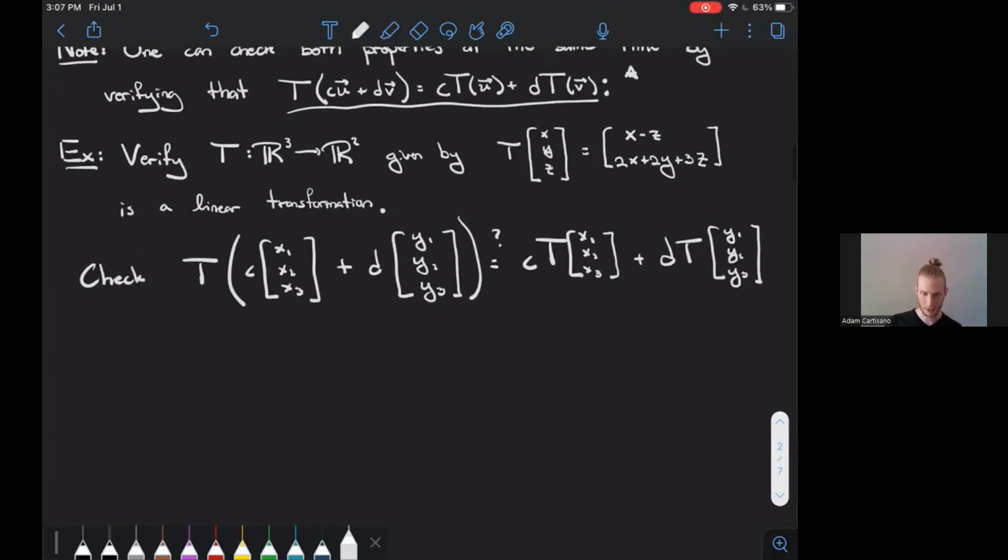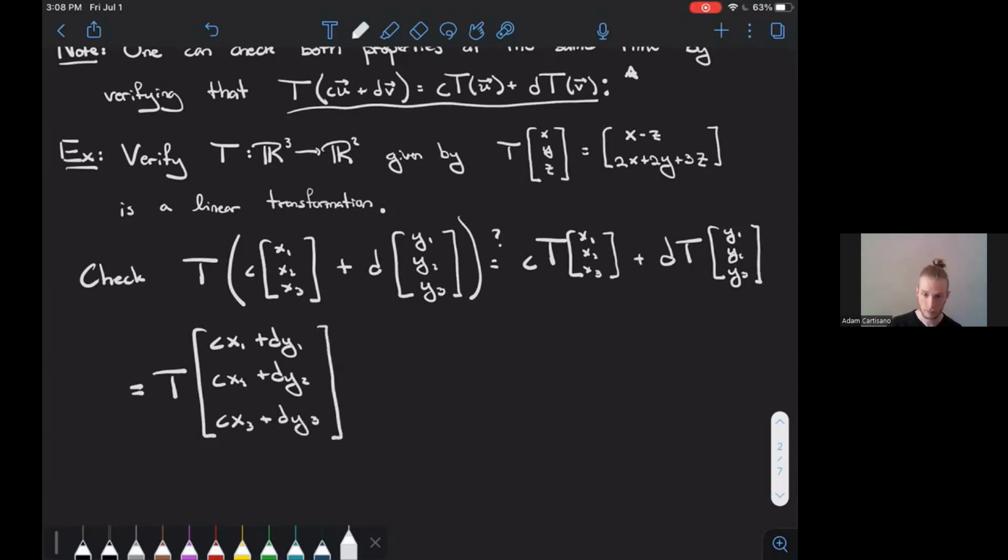All right. So what is the rule? Well, first thing we need to do is compute this sum on the inside of the parentheses. So what vector are we actually about to transform? It's going to be cx1 plus dy1, cx2 plus dy2, and cx3 plus dy3.